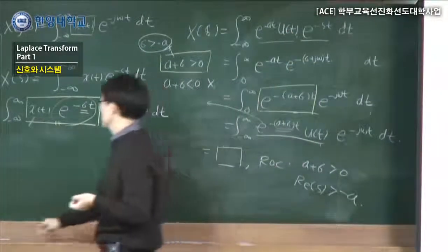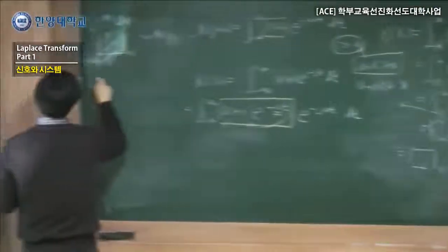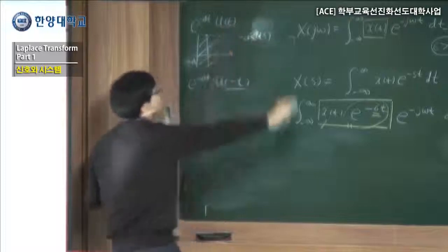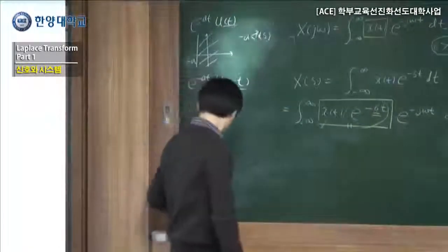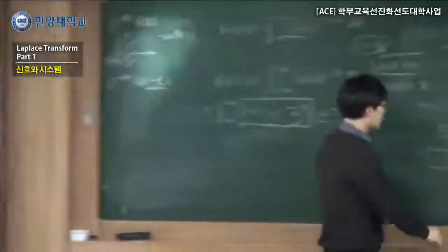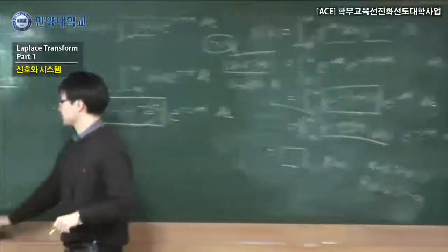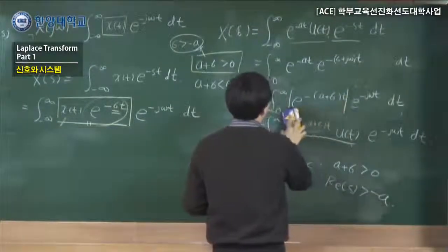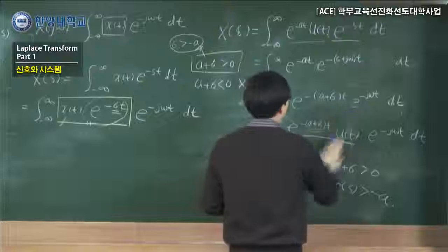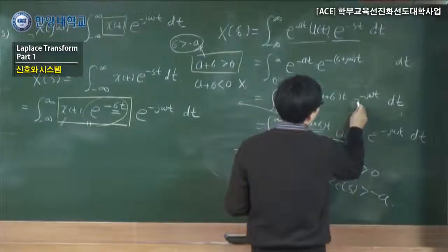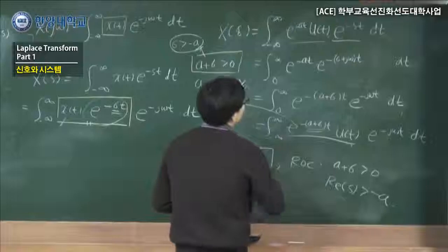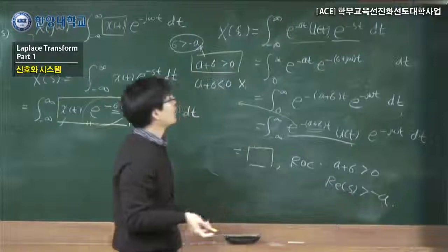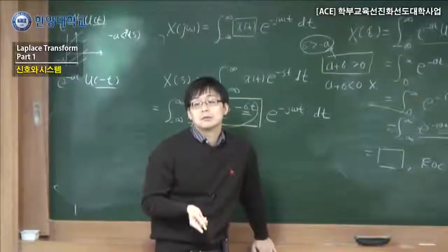So this is the case where we want e to the minus at times u of minus t. So here and here are different. Let's see how things are different. Let's put a minus over here, and then see how things will be different.